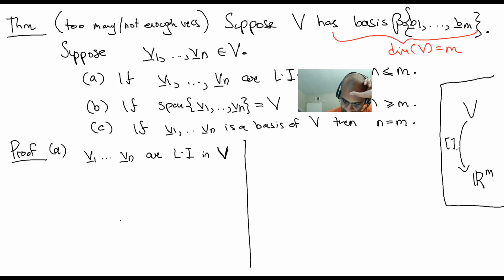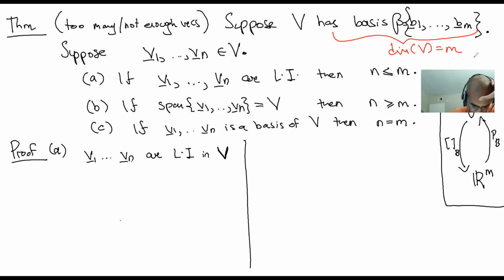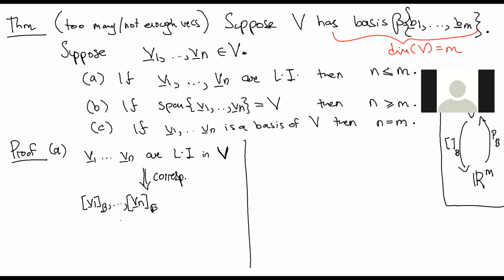It's given by the coordinate mapping with respect to this basis, and it has an inverse as well. So if I apply the correspondence principle, what does this imply about the coordinate vectors of these? I can take all of these vectors and look at their coordinate vectors with respect to the basis. They would also be linearly independent.